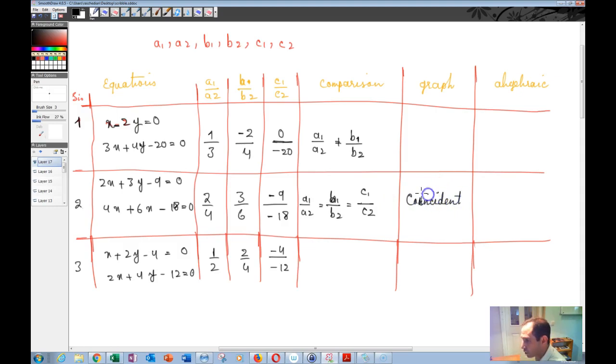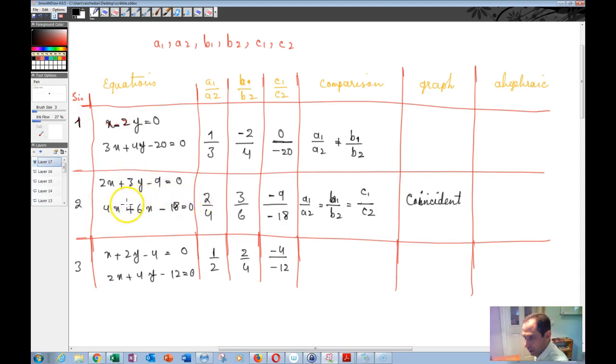Meaning that if you do the graph of these two lines, you will get exactly, actually, only one line representing both of these equations. And this is basically the situation where if you divide everything in this equation by 2, you will get this equation up here, or if you in this equation multiply everything by 2, you will get this equation down here.